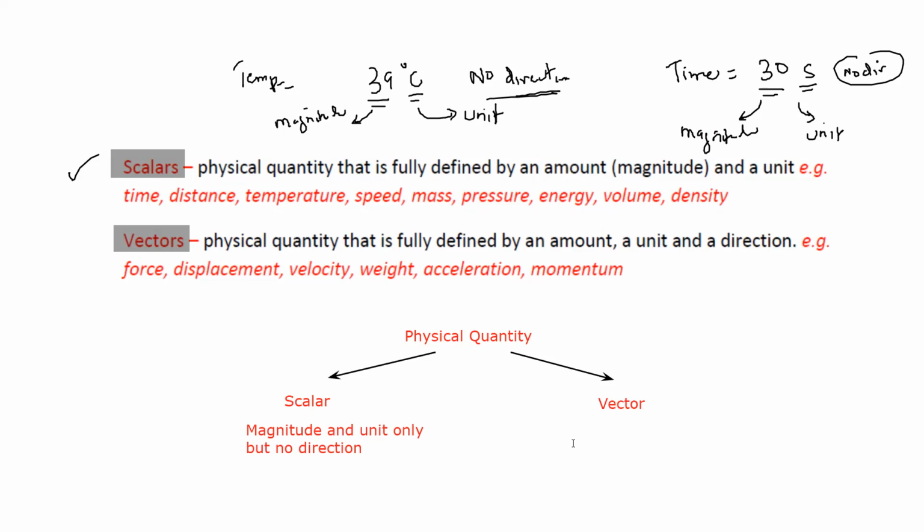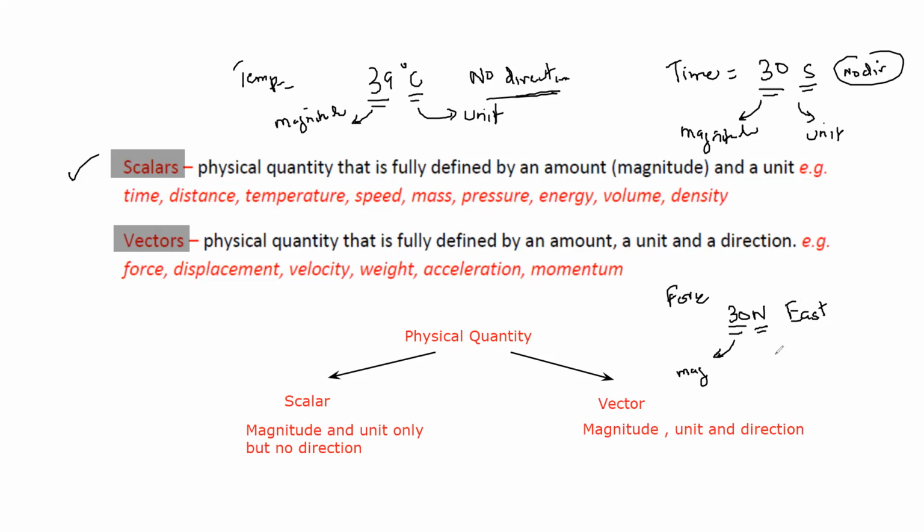A vector quantity is represented by a magnitude, unit, and direction. So you represent a quantity by all three parameters, which are magnitude, unit, and direction, and you call that a vector quantity. For example, if I say a force of 30 Newton is applied in the direction of east, this 30 is a number, that is a magnitude.